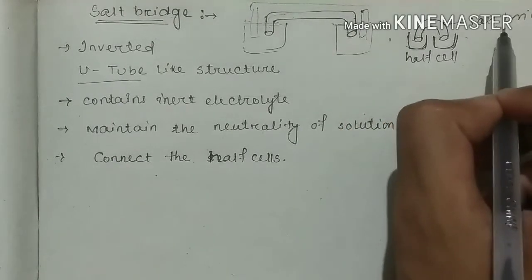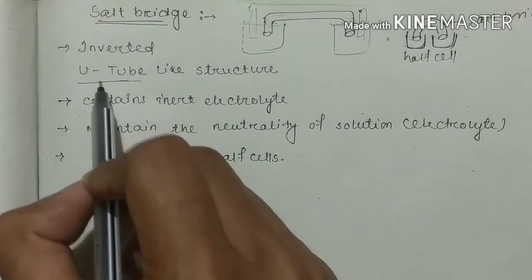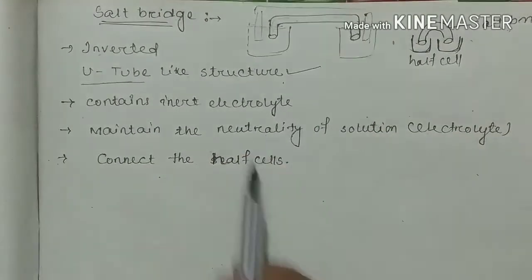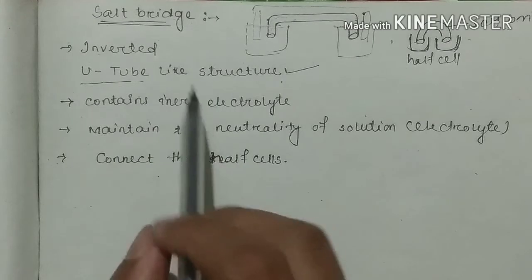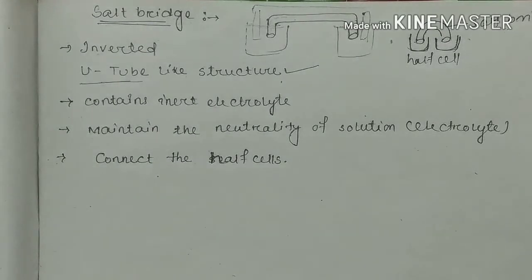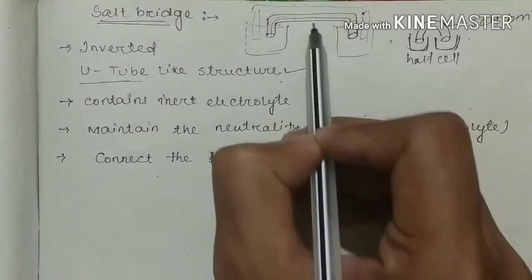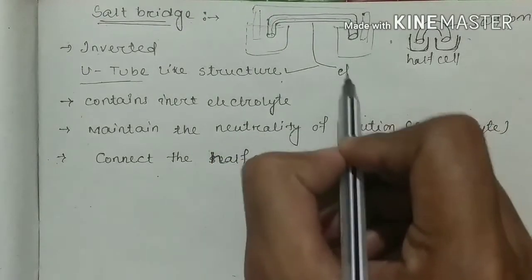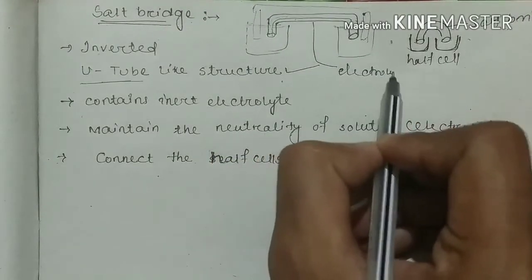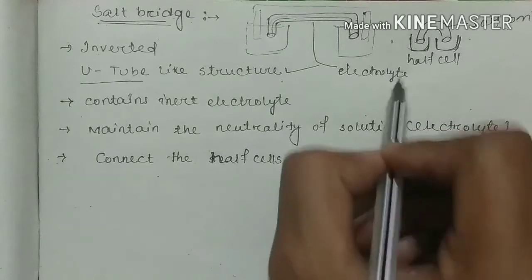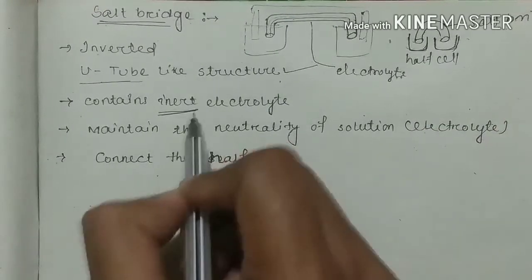This salt bridge is an inverted U-tube like structure, and it contains an inert electrolyte. What does it mean? In the inner part of the salt bridge, some electrolyte will be present, and the electrolyte must be inert.